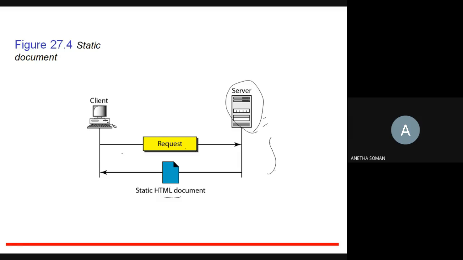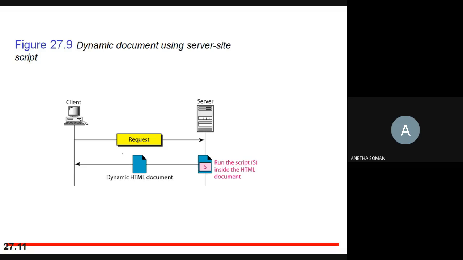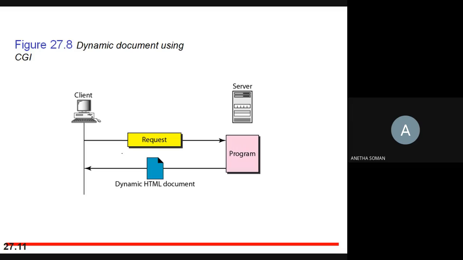Now the next type of document is called the dynamic document, using Common Gateway Interface or using a server-side script. What is this? Actually, this is created by a web server whenever a browser requests that document.